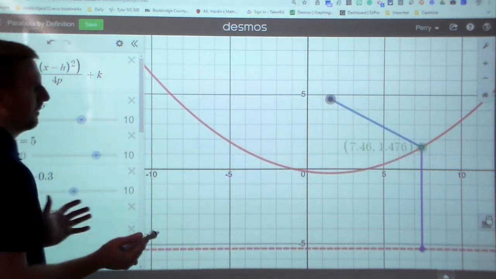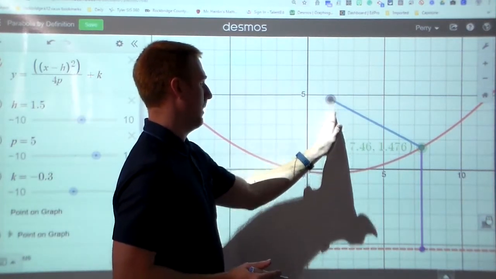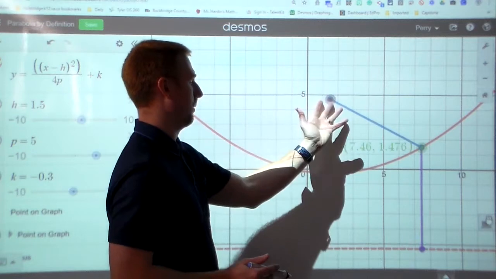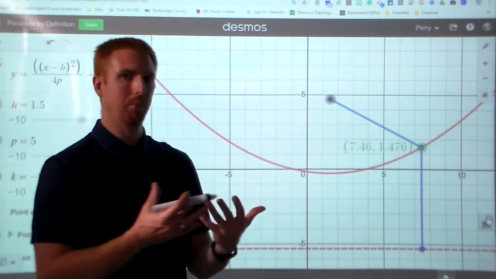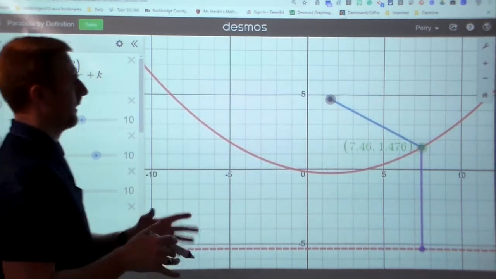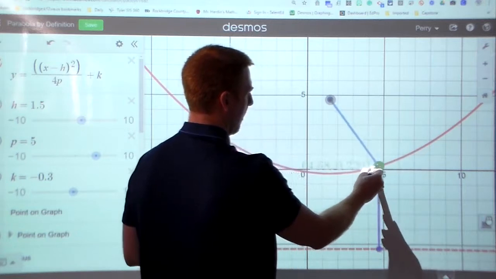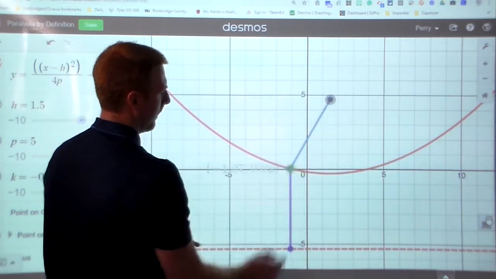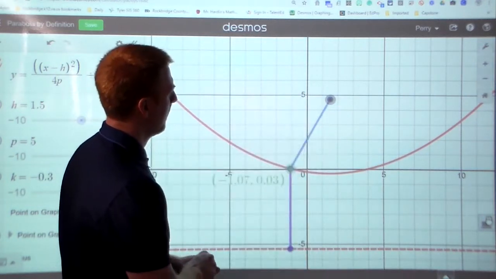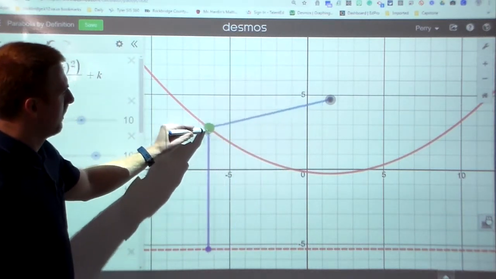And that's what's happening. They're exactly the same distance from the vertex. This is above it, this is below it. The focus is inside the parabola, the directrix is below the parabola, or outside of it. Now the other thing to look at, as I start moving this point along the parabola, and I'm drawing these two lines inconveniently, but look at what's happening to these two lines. Think about what you notice about it.